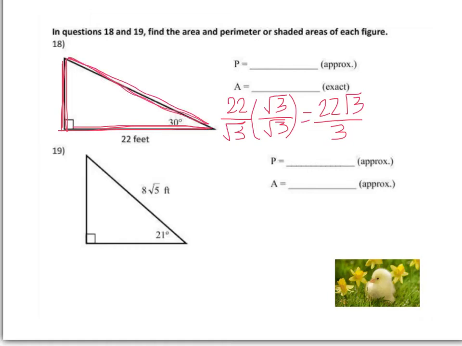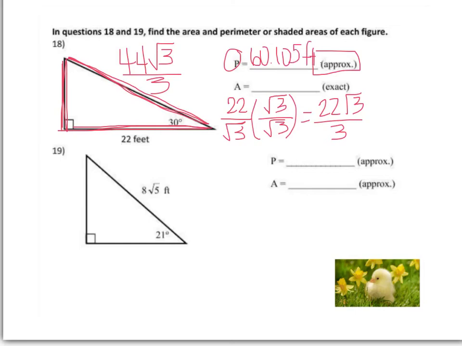So my hypotenuse is 44 root 3 over 3. So to get the perimeter now, I'm just going to do 22 root 3 over 3 plus 22 plus 44 root 3 over 3. I can put them all in my calculator because I'm just looking for an approximate value here. So when I do that, I get 60.105 feet.